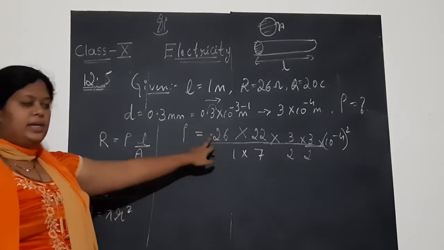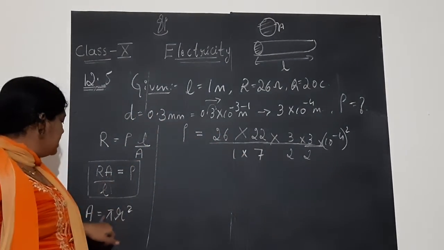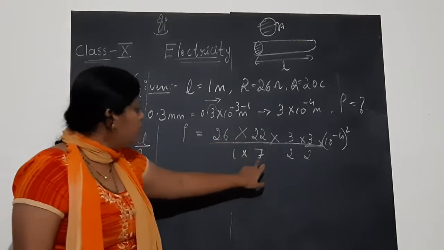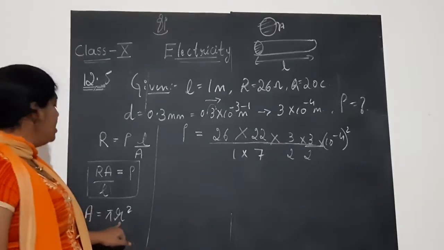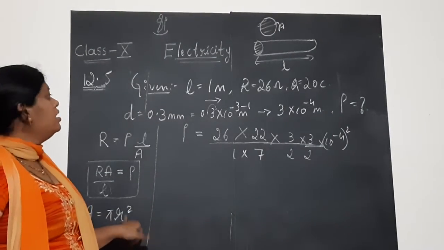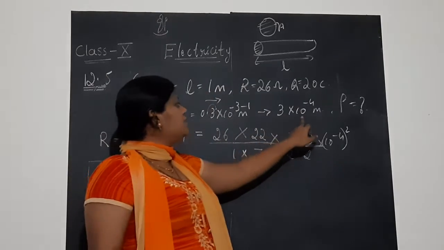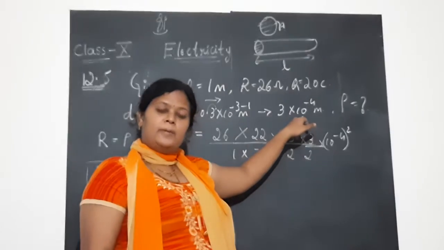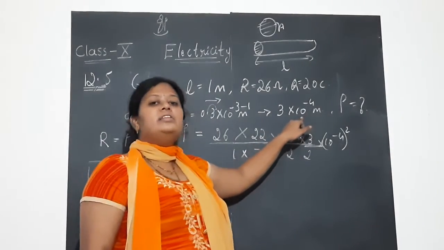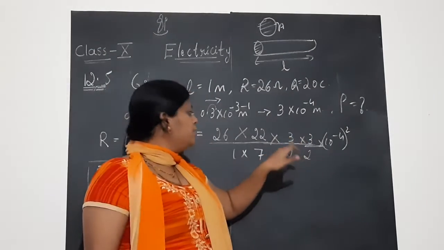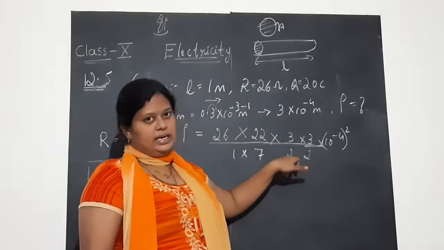R is 26 ohm. A is pi r square we are applying here. Pi is 22 divided by 7. R is the radius of the wire. Radius is not given but diameter is given, and we know that it is 3 into 10 power minus 4 meter. Radius we get by dividing the diameter by 2. So 3 is the diameter, divided by 2 is the radius.